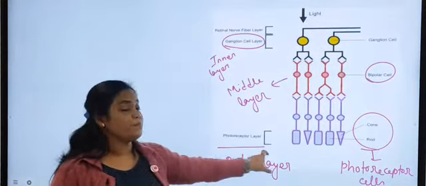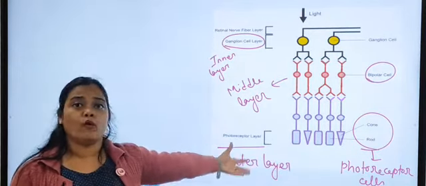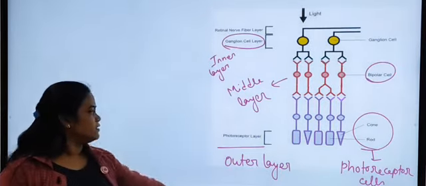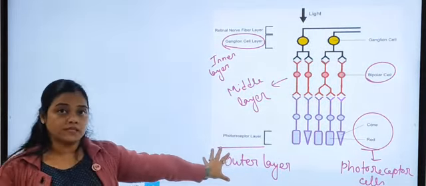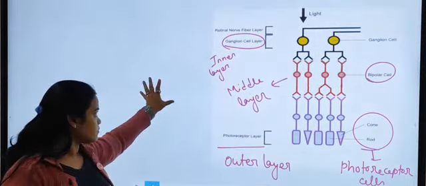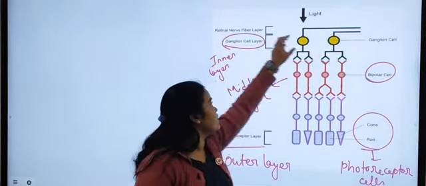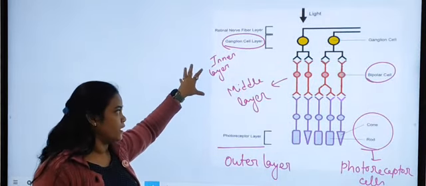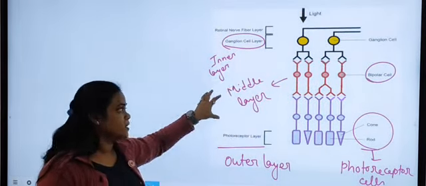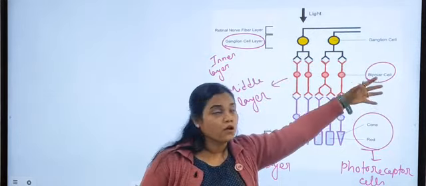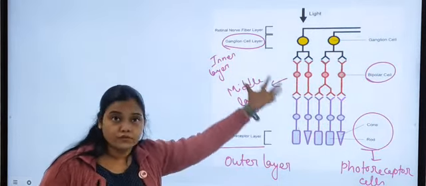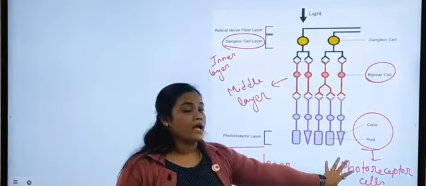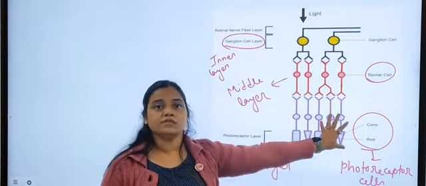Except this, another pigmented layer is also there, which is made up of melanin. This is not mentioned here, but these are the three layers which we are going to discuss today. The ganglionic layer is the innermost layer, then the middle layer is made up of the bipolar cells, and the third layer, the outer layer, is made up of the photoreceptor cells.